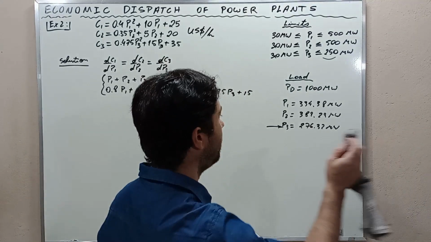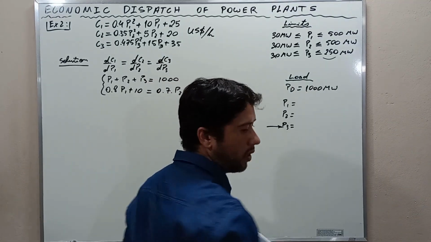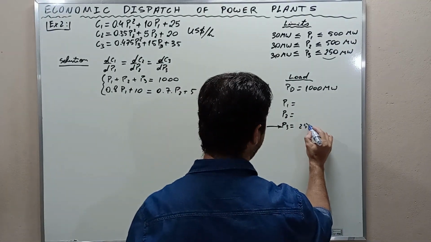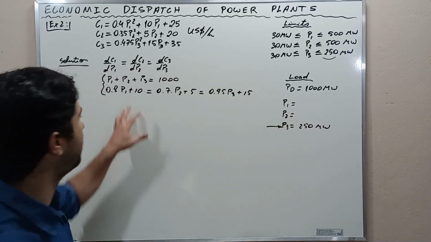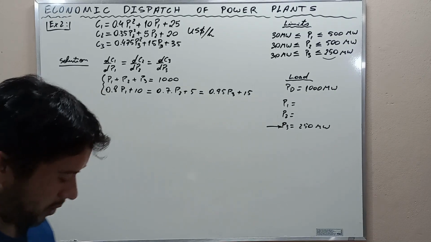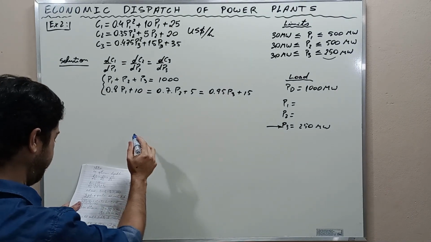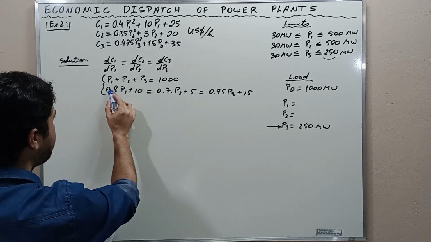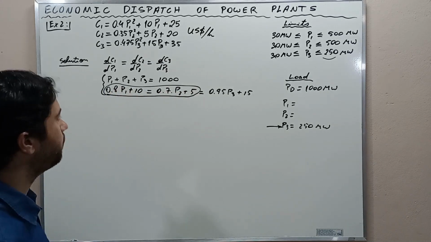Okay? Then this is not the solution. The solution will be 250 here, and we are going to solve this again for this boundary condition here. And we are going to use this and this here only. These two here only. Okay?